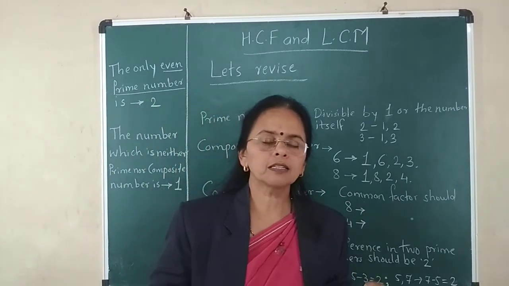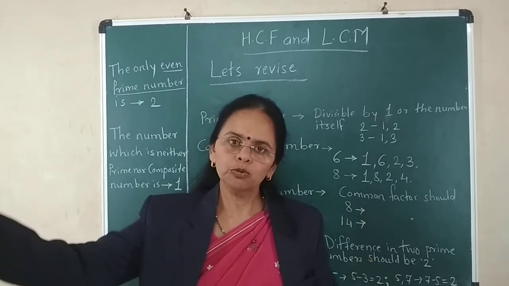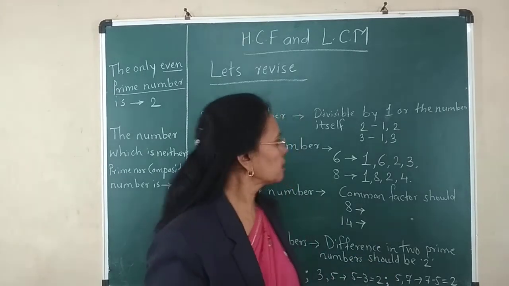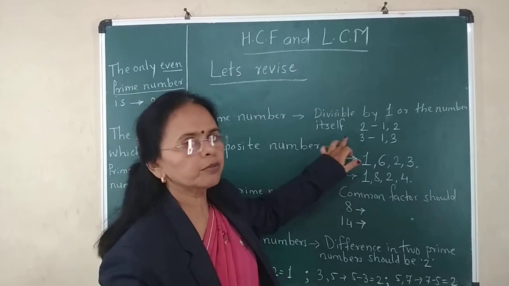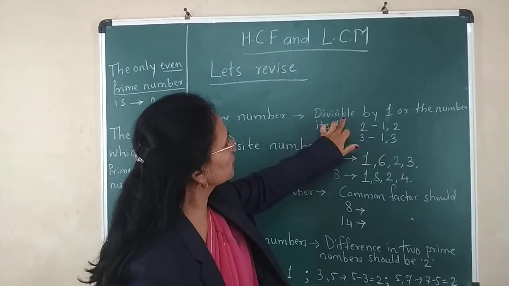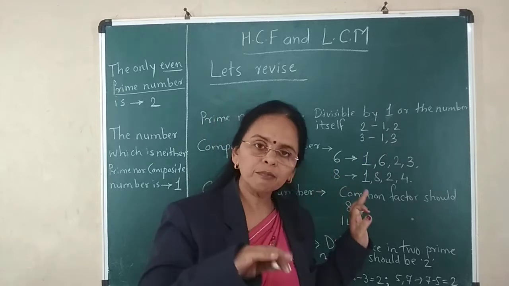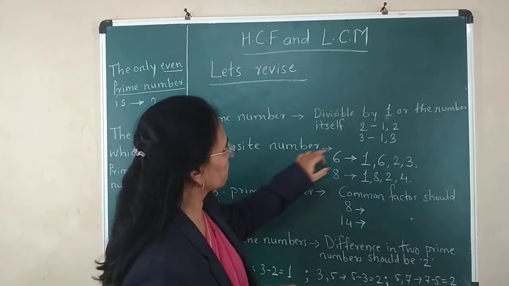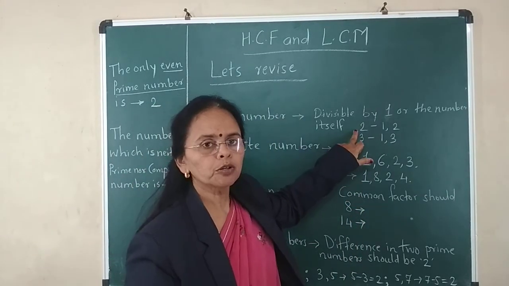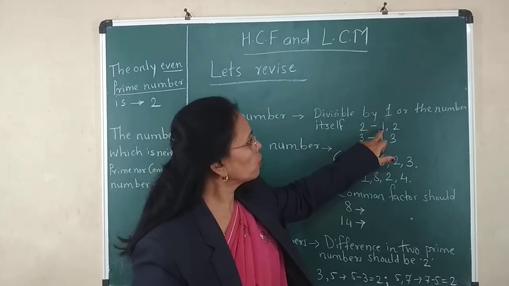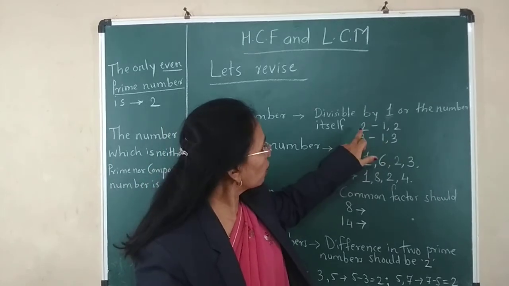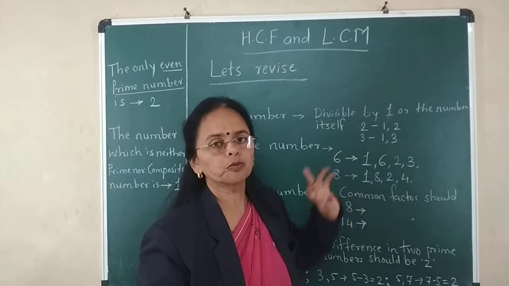When we start the number from 0, there are some numbers which are only divisible by 1 or that number itself. For example, 2 is divisible only by 1 or the number itself, that is 2.